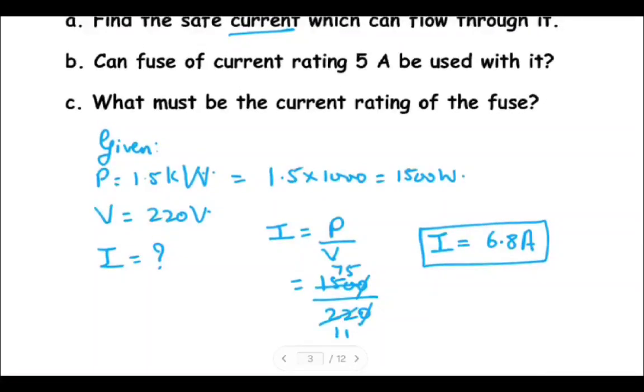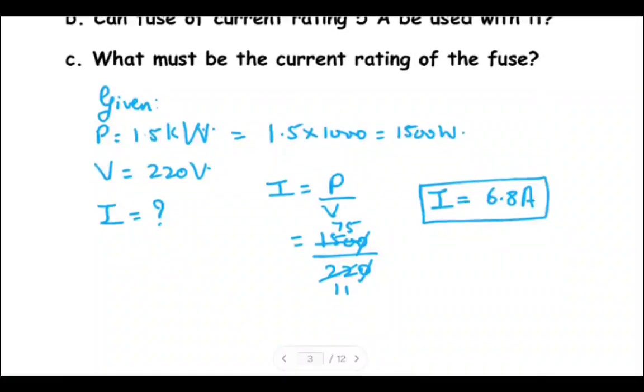Now, can a fuse of current rating 5 ampere be used here? The current is 6.8, children. A 5 ampere fuse will easily melt because the heat generated by 6.8 ampere is more.